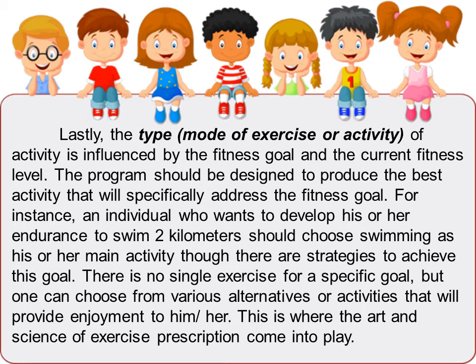For instance, an individual who wants to develop his or her endurance to swim 2 kilometers should choose swimming as his or her main activity, though there are strategies to achieve this goal. There is no single exercise for a specific goal, but one can choose from various alternatives or activities that will provide enjoyment to him or her. This is where the art and science of exercise prescription come into play.